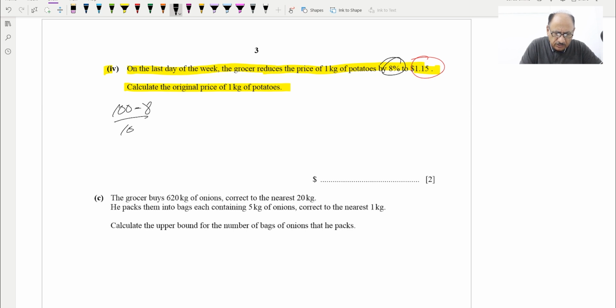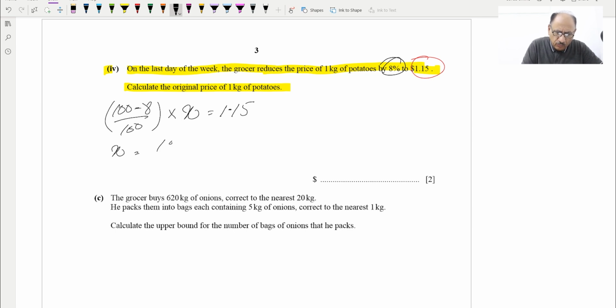The original price we don't know, so call it X; when we reduce by 8%, we get 1.15.